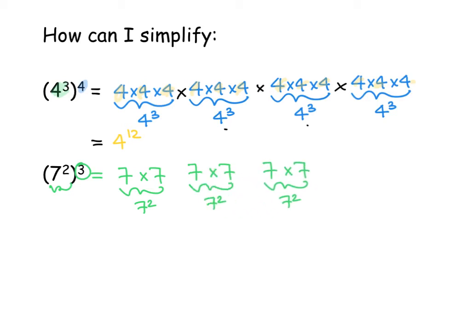So now I have 1, 2, 3 sets of that, and they're all being multiplied together. So we can count. How many 7s do we have? We have 1, 2, 3, 4, 5, 6. So we've got 6 of these, so 7 to the power of 6.